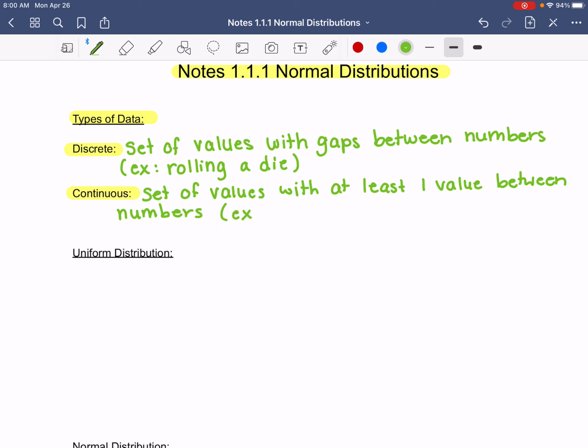So for example, that could be people's height. There's somebody that could be 61 inches tall, 61 and a half, 62, 62.39 inches tall. There are numbers in between those inches.